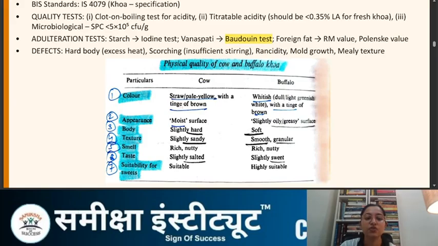Again, it is important to look at the physical quality of cow and buffalo khoa. Starting with the color: in the case of cow, it will be straw or pale yellow with a tinge of brown, whereas in the case of buffalo it will be whitish. I've already told you why cow milk is not whitish and has a yellowish tinge, whereas buffalo milk is whitish. Why is that so? Because buffalo utilizes the carotene, the whole of it, converting it into vitamin A. Two molecules of vitamin A are formed from one beta carotene.